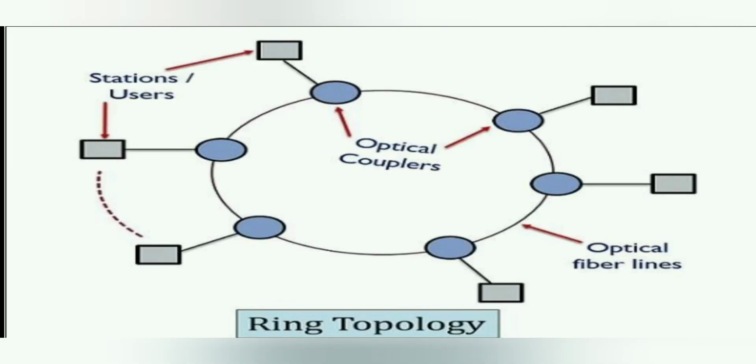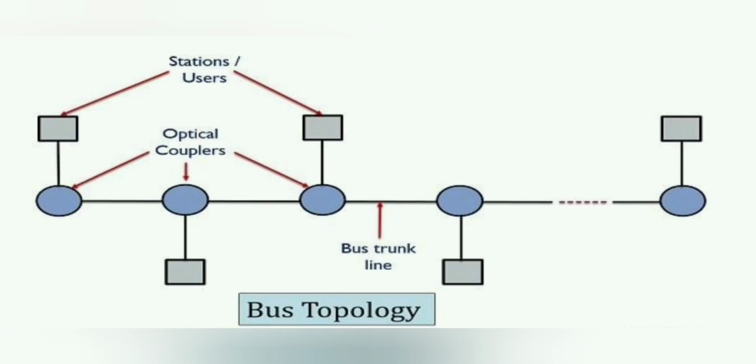Bus topology. In a bus topology, the various nodes are connected through a single trunk line with the help of optical couplers. This allows a convenient as well as cost-effective method to transmit the signal.